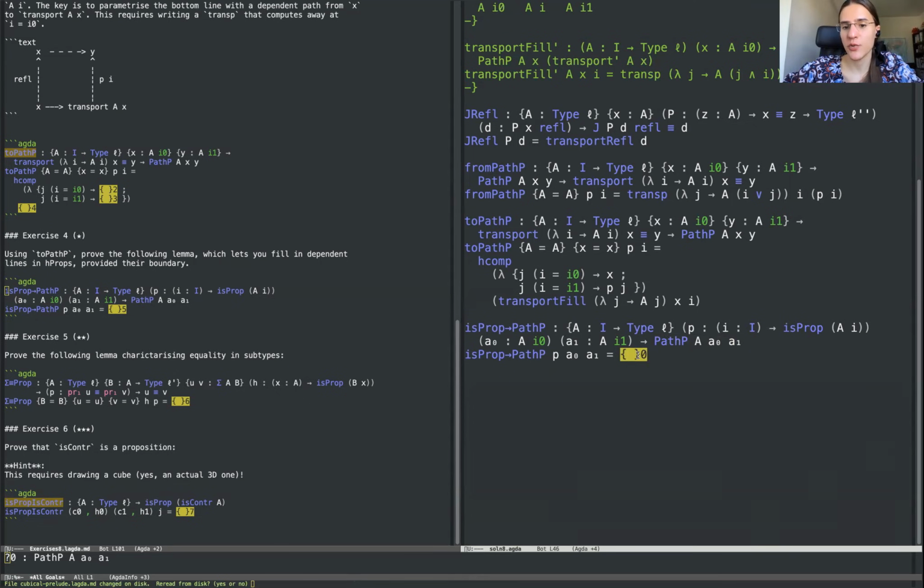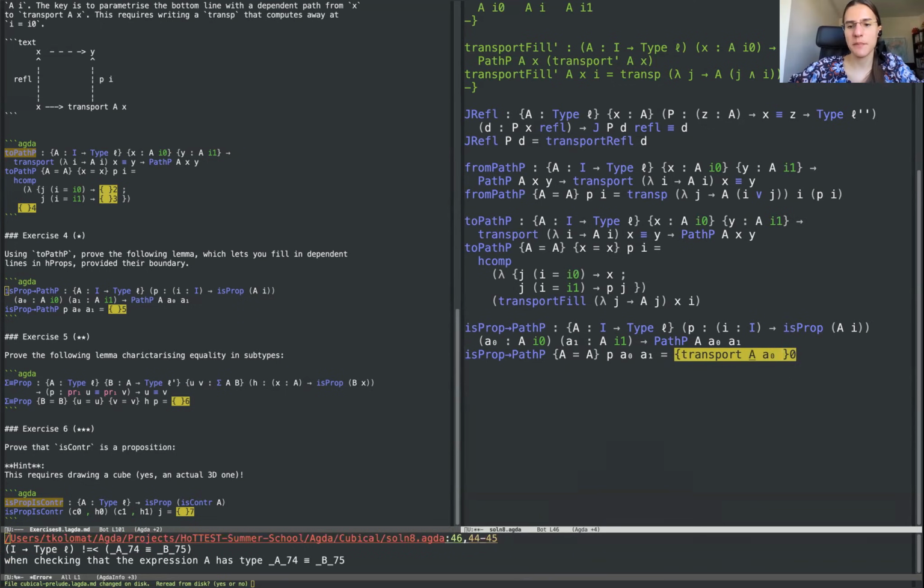Well, what I can do is I can start off with a dependent path. So what I can do is I can transport A of I naughts, transport in the family A, the point A naughts. And A needs to be an equality.